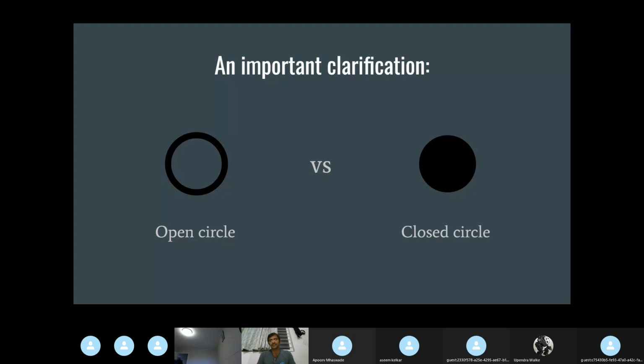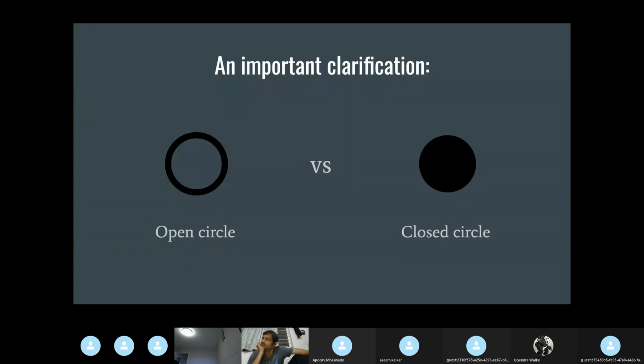When you see an open circle on a graph, as you'll see ahead, it means that all points around the circle on the graph are included in the graph. That means they're defined by the graph, right? But the point at which the circle is, is not defined by the graph specifically.